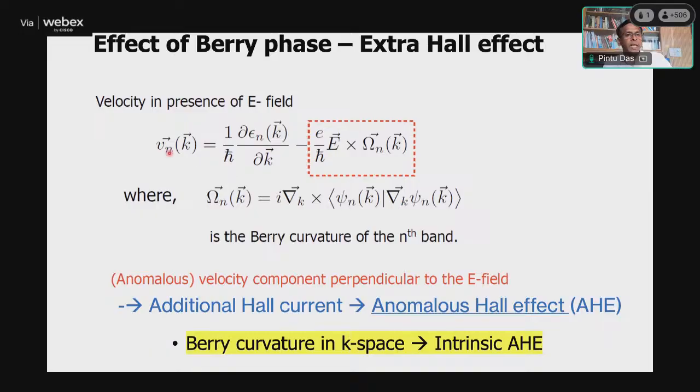In that case, the velocity component in presence of the electric field: if you apply an electric field in a system, this is the velocity that you know from your basic solid state physics band structure. You know the E versus K band structure, and this is the first derivative of it, which gives you the velocity component.